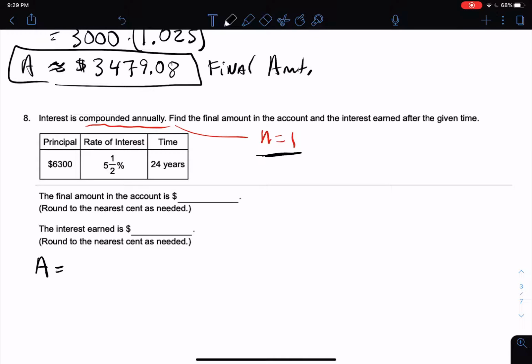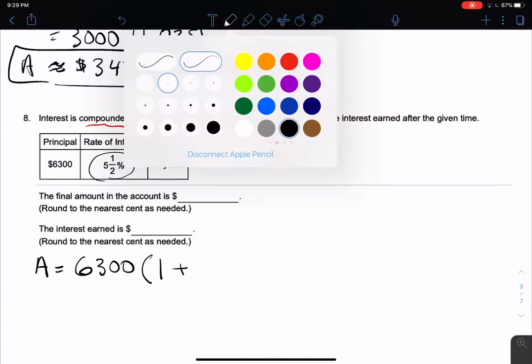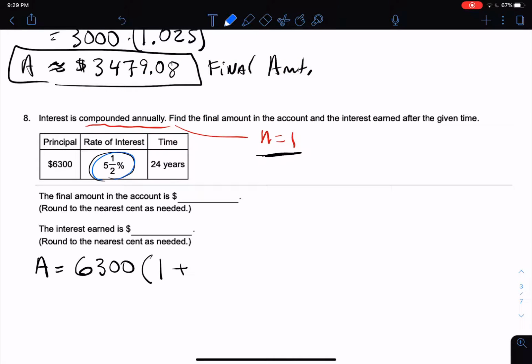So the future value or the final amount is going to be equal to the principal starting amount of $6,300 times 1 plus an interest rate. Now this interest rate, everybody can see it says 5.5. I'm going to write it as a decimal, because when we change a percent to a pure decimal, we have to move the decimal point to the left 2 places and drop the percent sign, right?